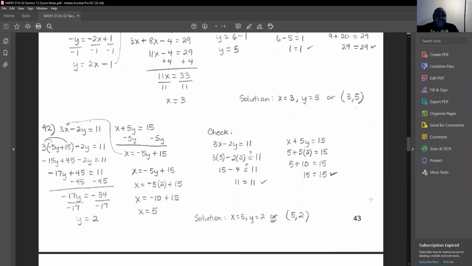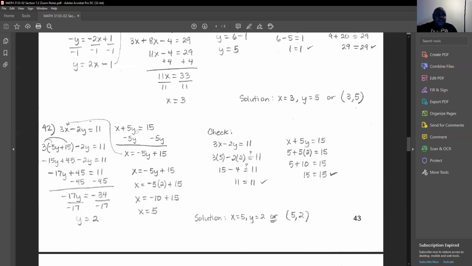All right, now number 42. Here we got 3x minus 2y is equal to 11 and x plus 5y is equal to 15. In this case, I'm going to work with the equation that has a coefficient of 1 for either the x or the y.